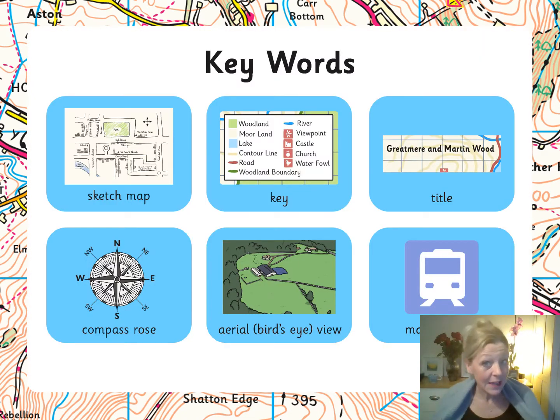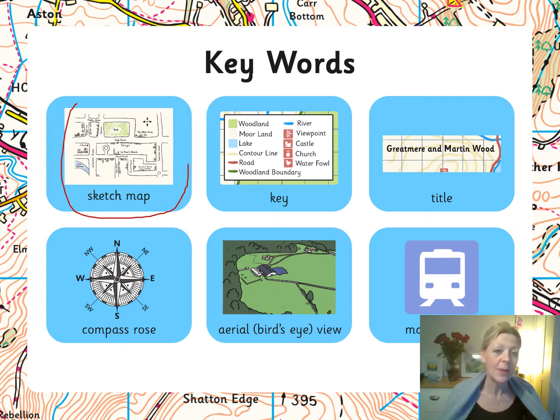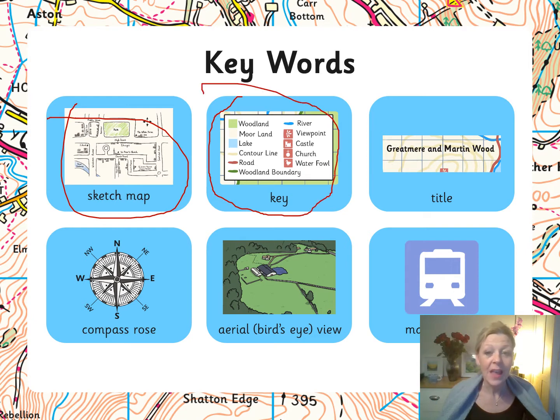So here are some keywords and some of the things that you might need to be using today when you draw your map. So here is our sketch map, and you're going to do something a little bit like this. On your sketch map, I want you to have a really good go at writing your own key. You will need to give your sketch map a title, and what would be really useful is on your sketch map, have a go at drawing a compass rose.